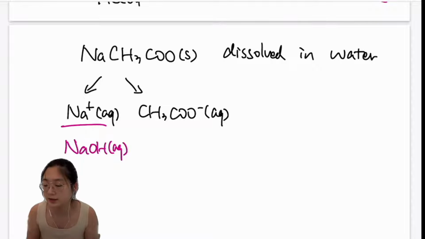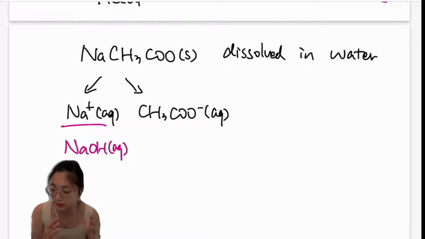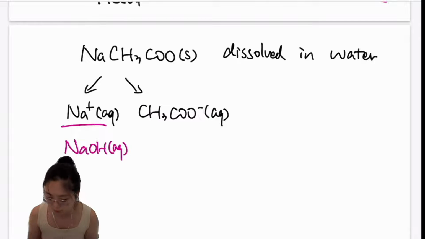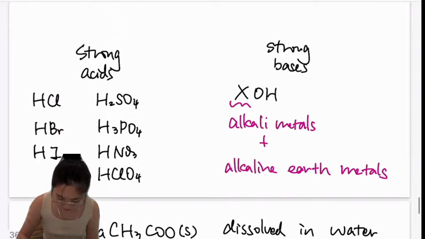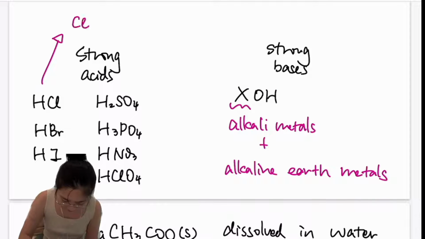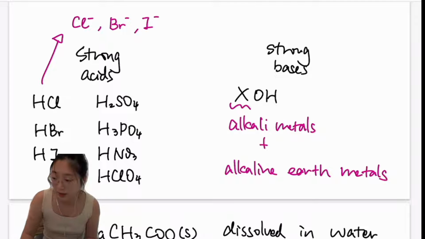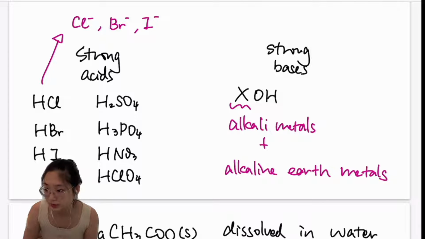Anything that's a dissociated form of the strong acid or strong base, all of those cations or anions are just neutral. For example, these strong acids, when dissolved in water, release chloride anion, bromide ion, and iodide ion. All of these are considered neutral.